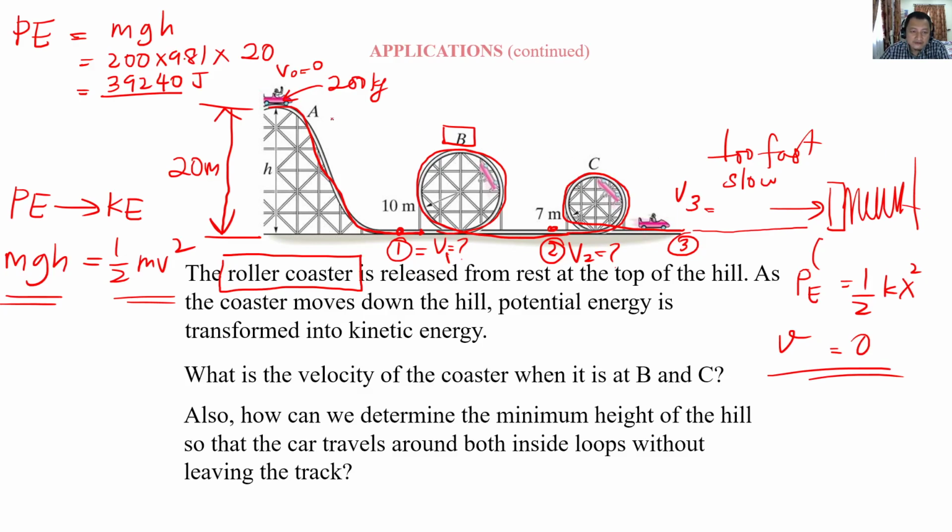And if nothing is lost, you can design an ideal system and assume nothing is lost from friction, etc. So you can roughly calculate all this just by equating mgh equal to half mv squared. So mass, same, eliminated. So gh is equal to half v squared. So you can find out what the velocity is for this car going down.